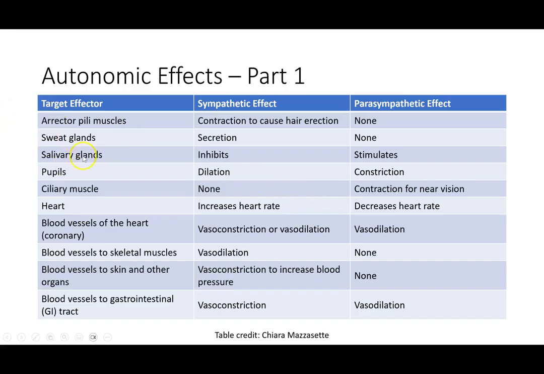So with the salivary glands, the sympathetic division will inhibit saliva production and the parasympathetic will stimulate it. Blood vessels of the heart can be a little bit of an exception, so sympathetic and parasympathetic can cause vasodilation, so expanding those blood vessels, but only sympathetic is going to cause vasoconstriction and contracting those down.